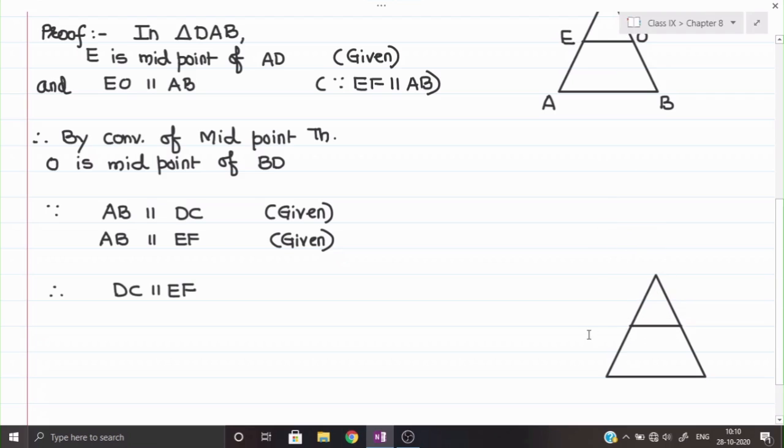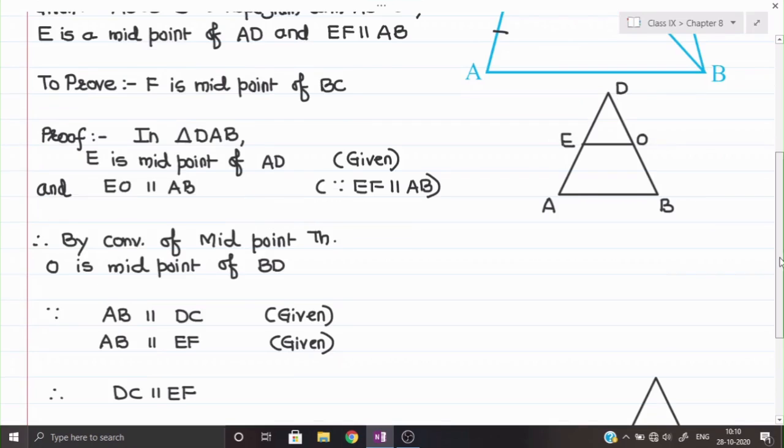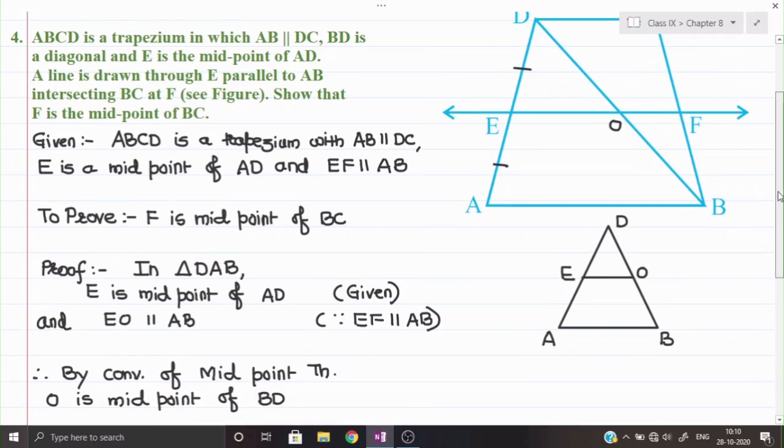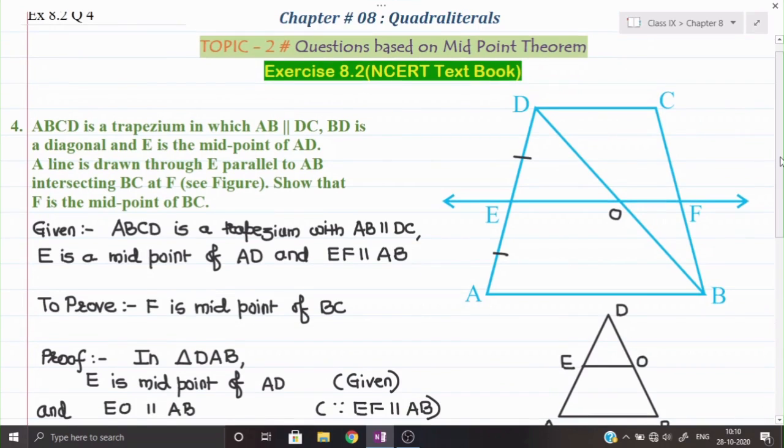But this time I will change the name of the triangle. Observe, I am taking a triangle BCD. Are you seeing one triangle there? BCD, and in between there are two points, O and F.